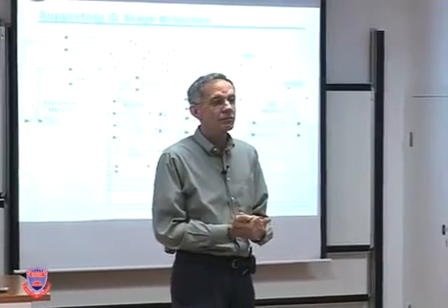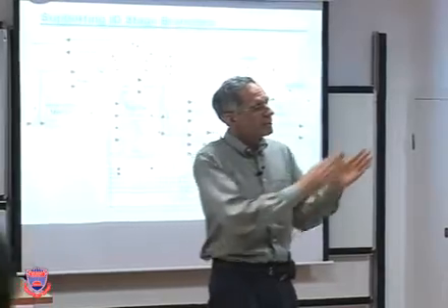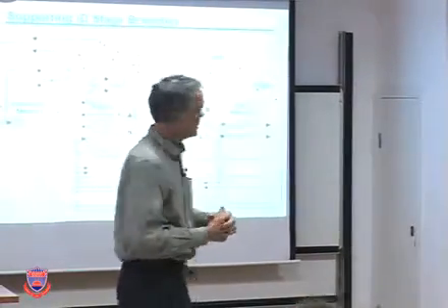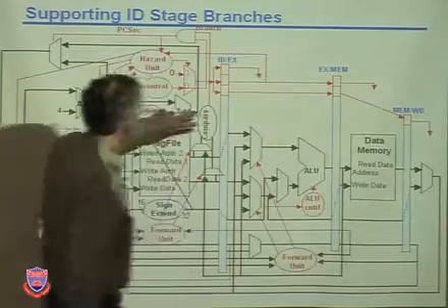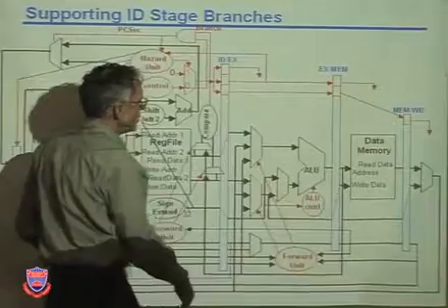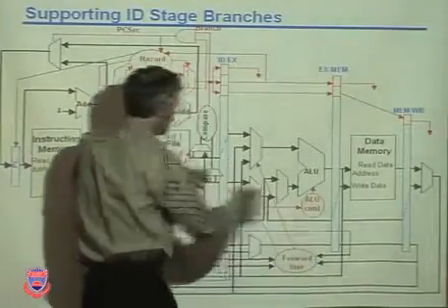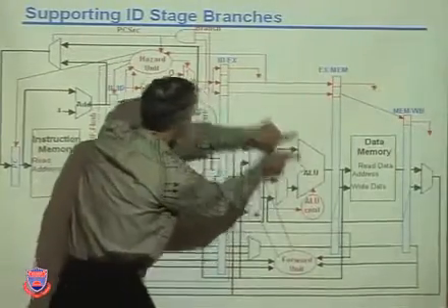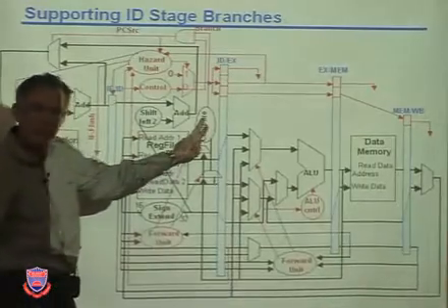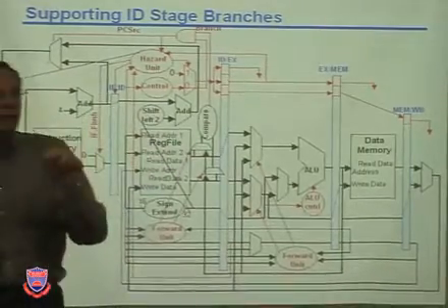So what we tried to do, if you remember, is lower the penalty by moving the branch decision point into the decode stage. The way that we did that was to compare the two registers in the decode stage, not in the execute stage. So we're actually fetching the two registers and immediately comparing them to decide if they're equal or not.